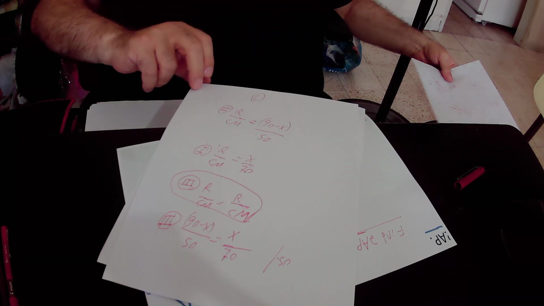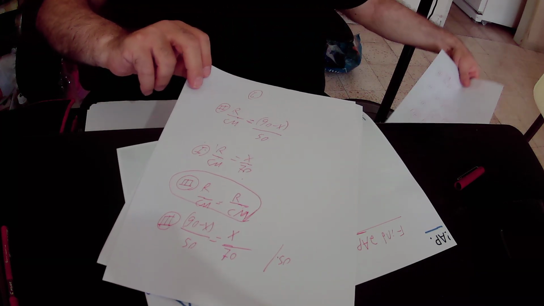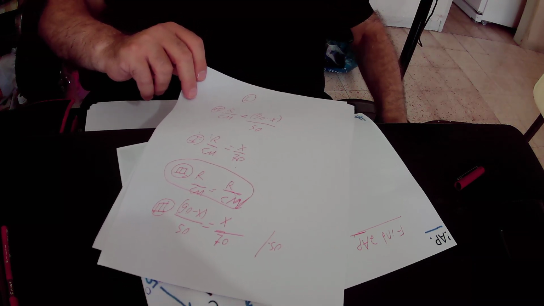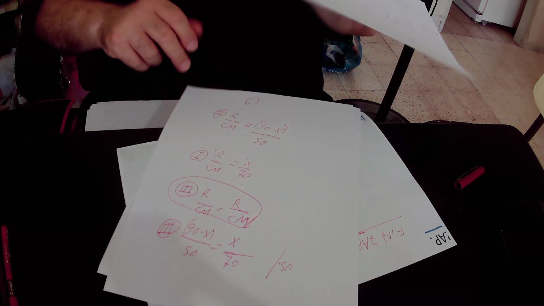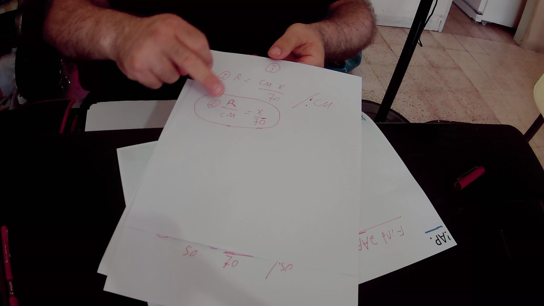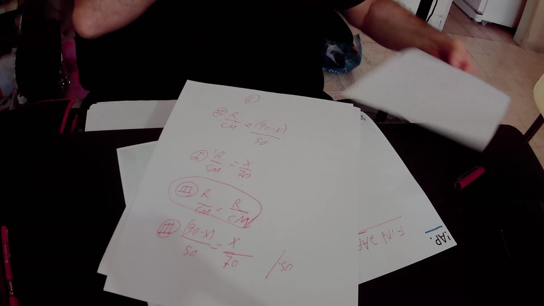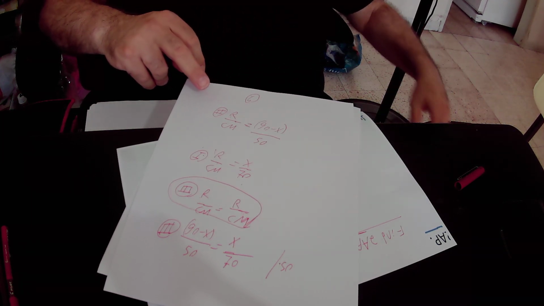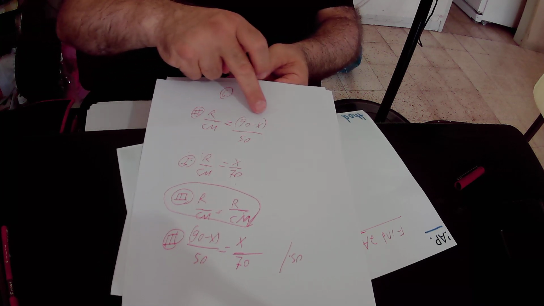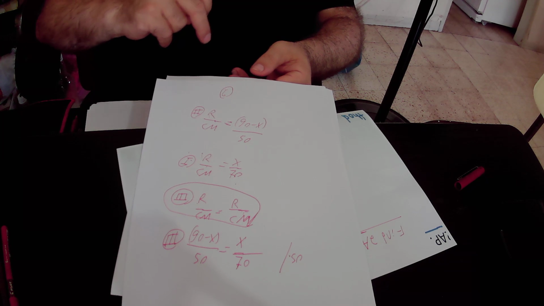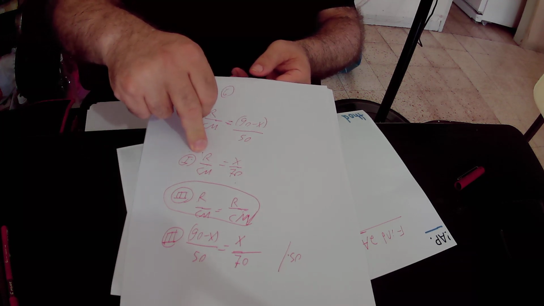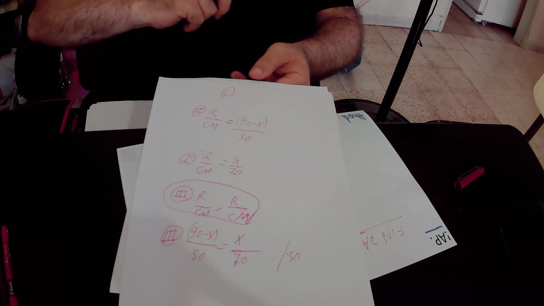But we already know from the first equation that R over CM equals X over 70. So we have equation 2 that states that R over CM equals 90 minus X over 50, and from equation 1, R over CM equals X over 70.